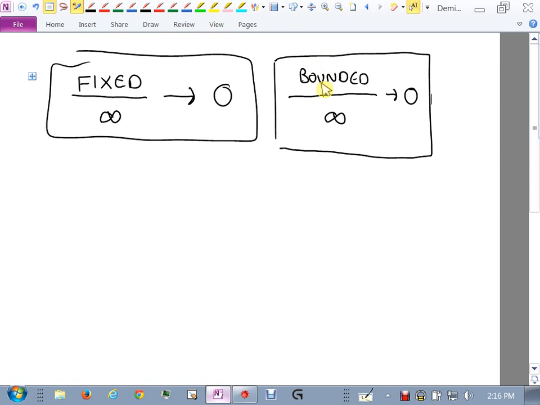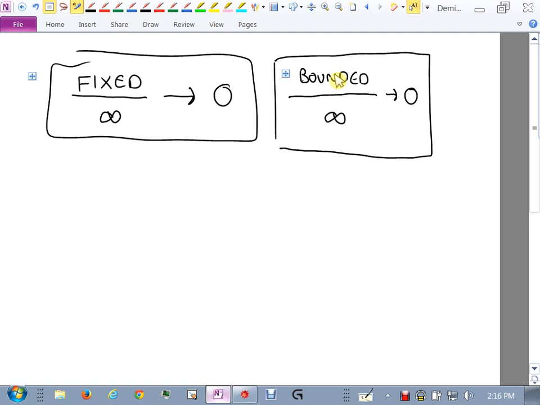The biggest it could be is 1, and 1 divided by a big number goes to 0. And if I take -1, a fixed number divided by infinity still goes to 0. So the worst case with a bounded function is that it has a maximum value, but that doesn't matter because the bottom is getting so big it's going to overwhelm it. Does that make sense?